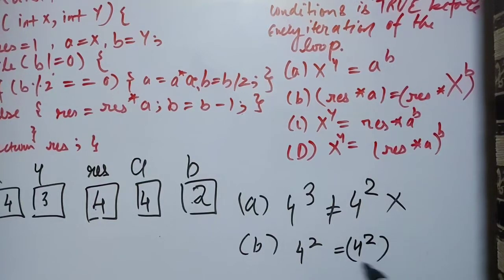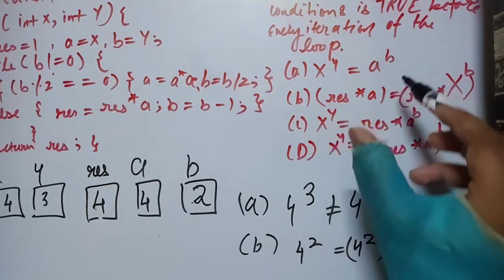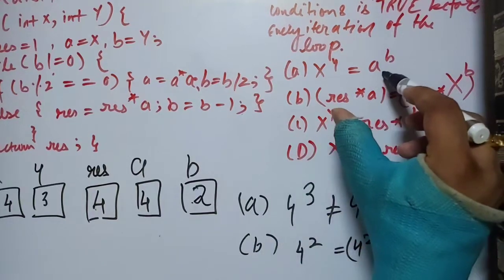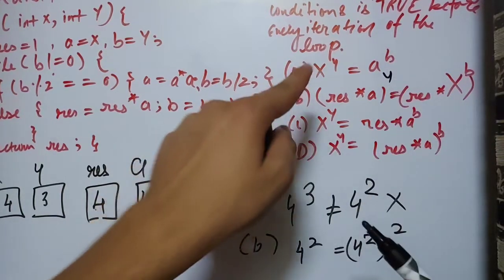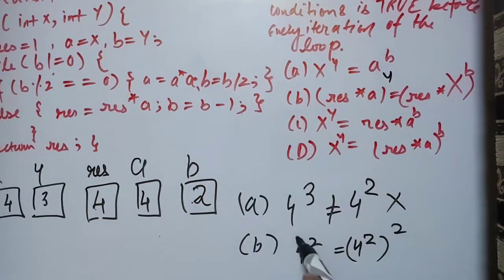And here they are giving b, so 4 square. I think here it was y, so result into a to the power y, so 4 square, and here y is 3, and here b is 2, so is 4 square to the power cube equal to 4 square to the power square? No, so this option is false.